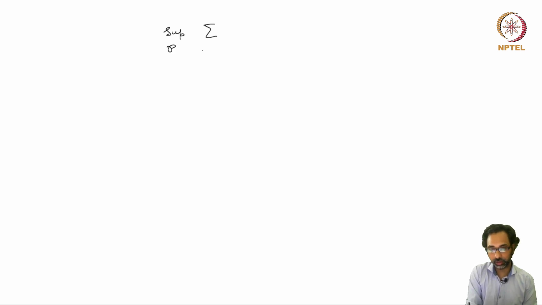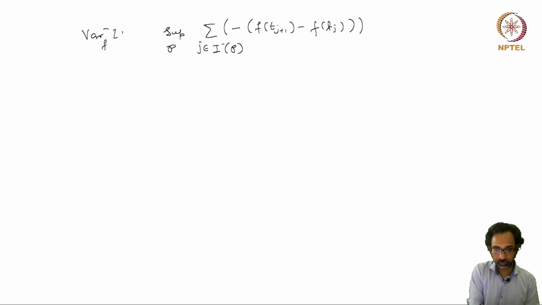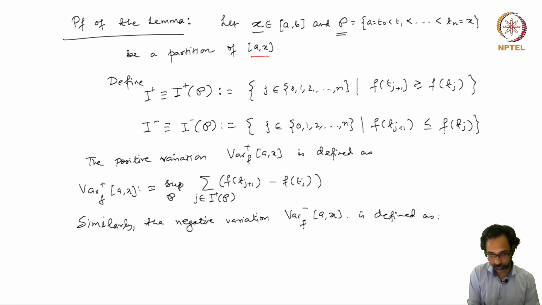So you get the sum over j in I minus of P of minus (f(tj+1) minus f(tj)). Here there is a minus sign for each of the terms in the sum. So this is Var minus of f on [a,x], and this one was Var plus of f on [a,x].